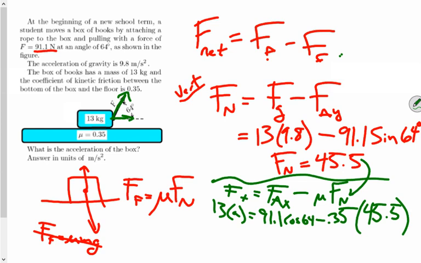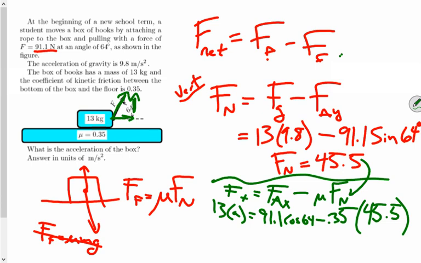I know this is something more than what we normally do. I want you to notice this, and this is the key thing I want you to understand. When you pull something up, the normal force would be less. It's no longer mass times gravity. I had to get the little vertical piece to know how much I was pulling up.